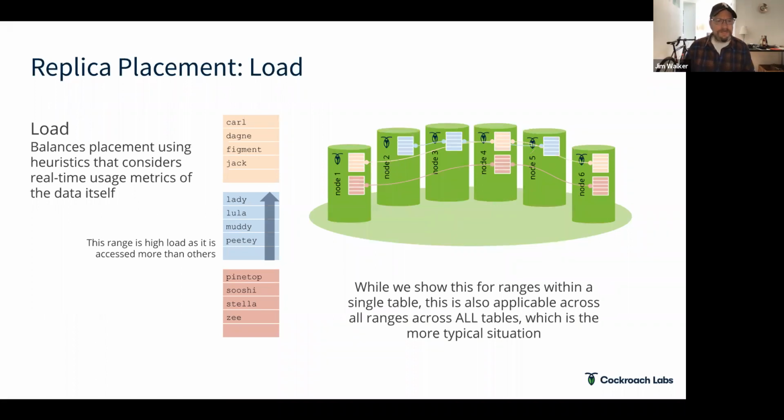But we can also do things like use heuristics in the database itself to understand if a range is being accessed more than another part of the table, and we can allocate that to its own nodes in the cluster. Look at the blue range, which has a high workload. The database is smart enough to rebalance where data is so that we can meet the needs and SLAs of customers asking for that data.